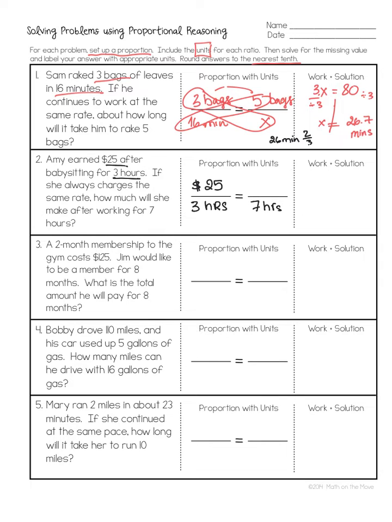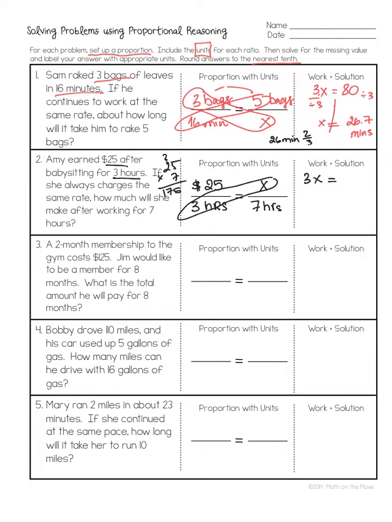Okay. So again, we cross multiply. 3x. 25 times 7 is 175.